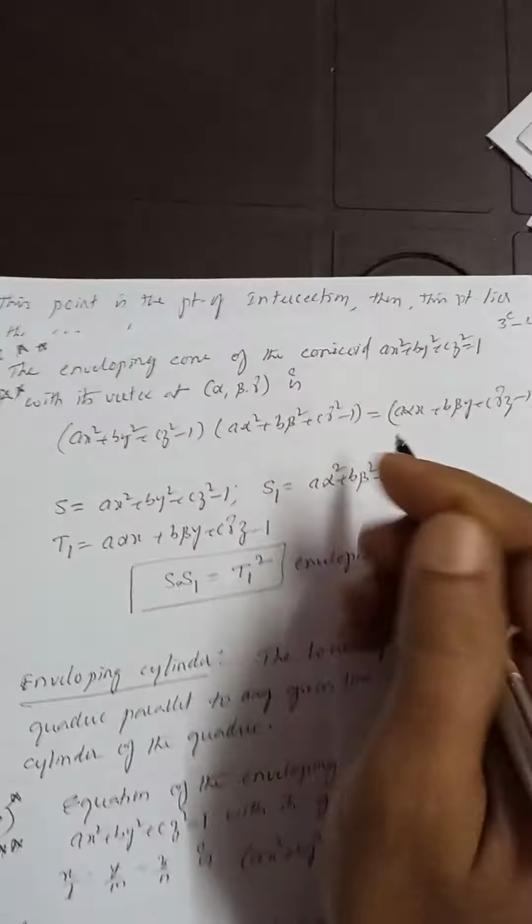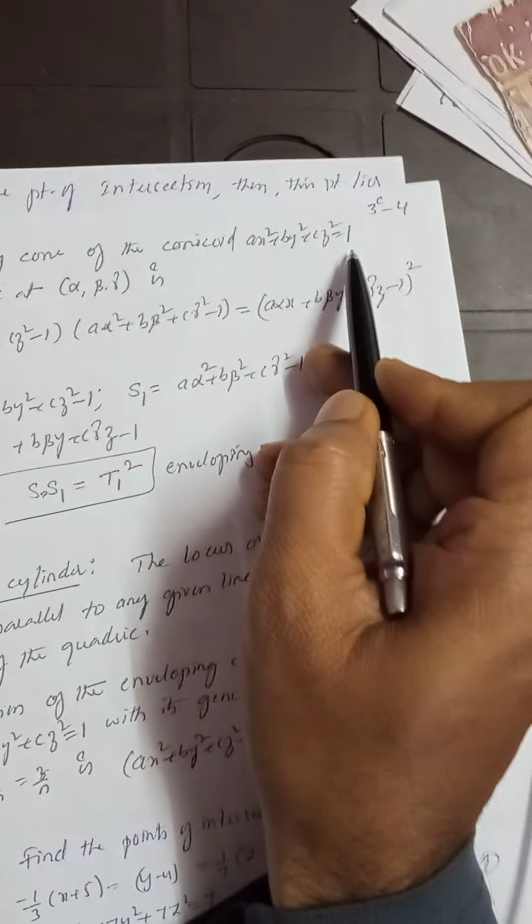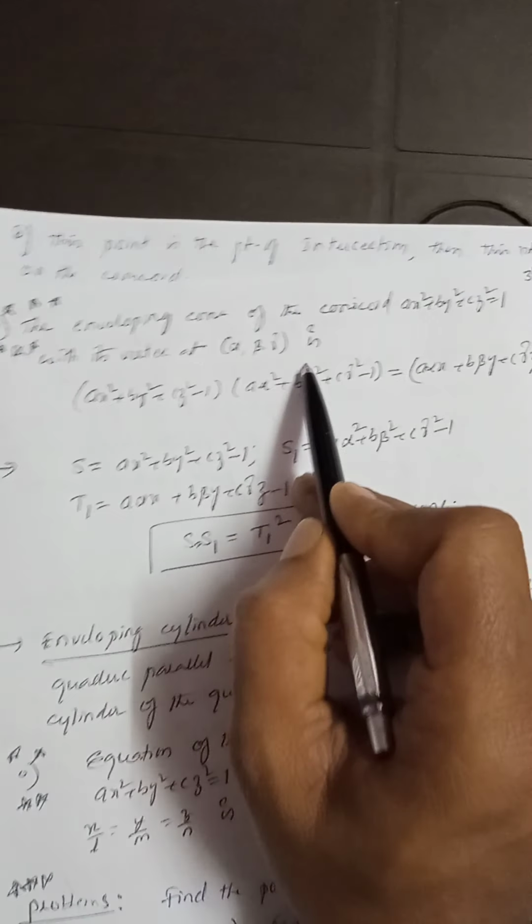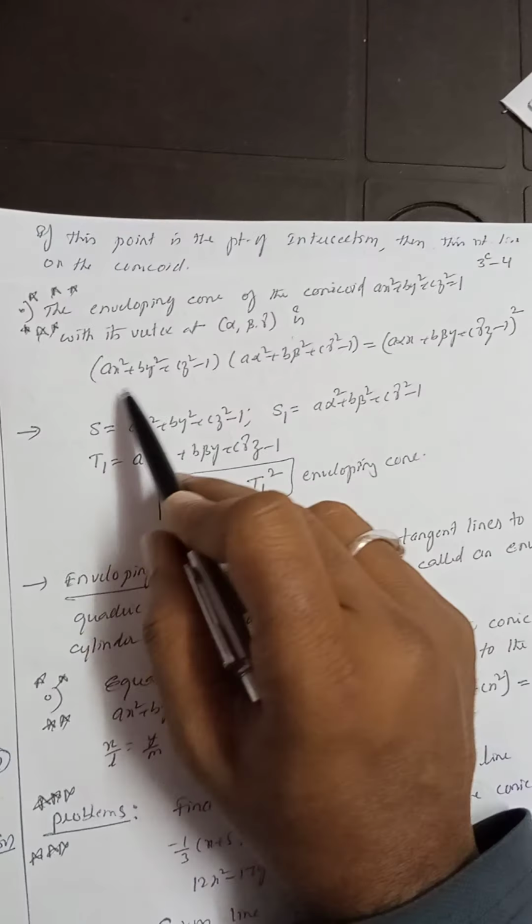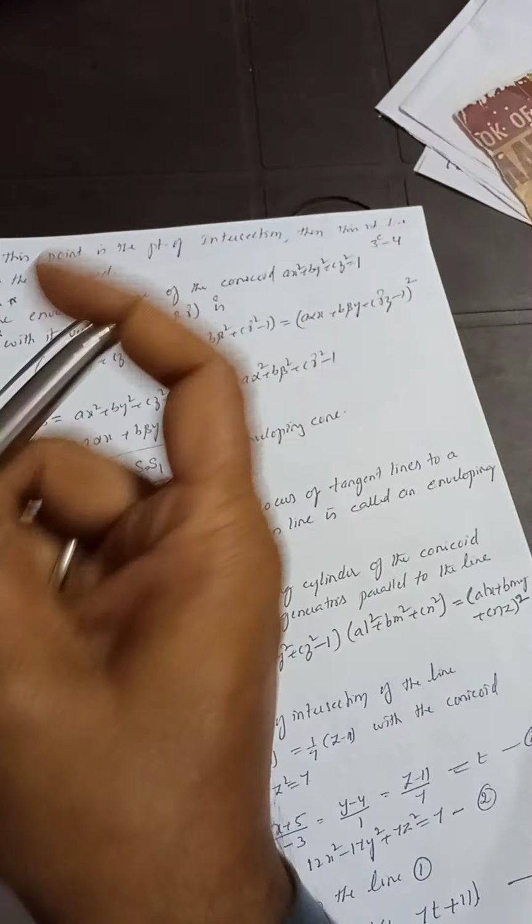Next, the enveloping cone of the conicoid ax square plus by square plus cz square is equal to 1 with its vertex at alpha, beta, gamma is this one. This formula you have to remember. This is a very important formula. In the entire third unit, you have to learn this formula by heart.